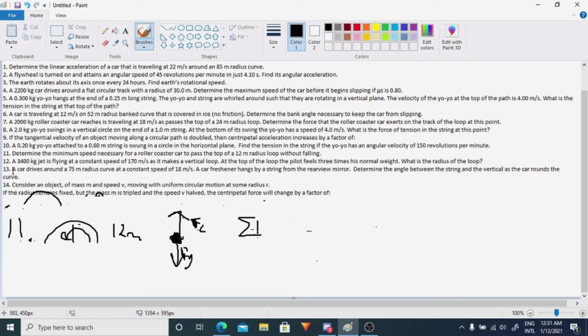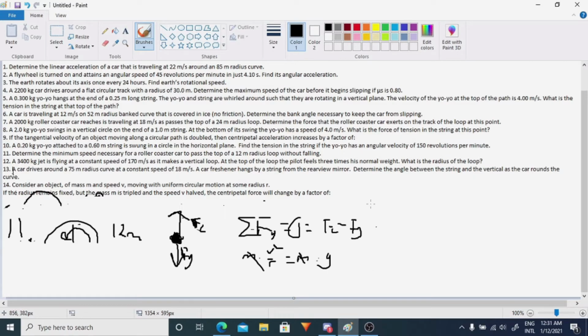So we can say the sum of forces in the y direction equals 0 equals force centripetal minus force due to gravity. So the mass times v squared over r equals mg. The masses cancel out.